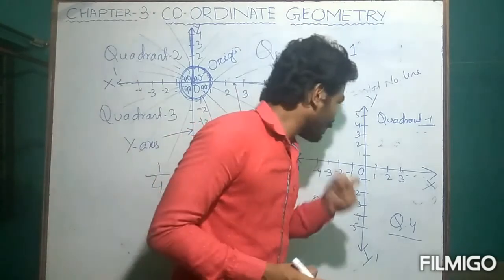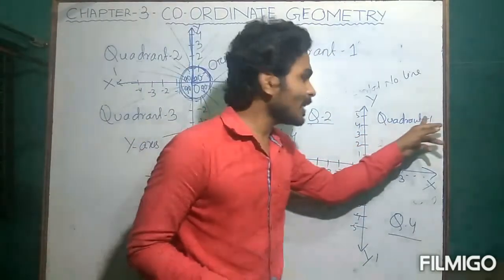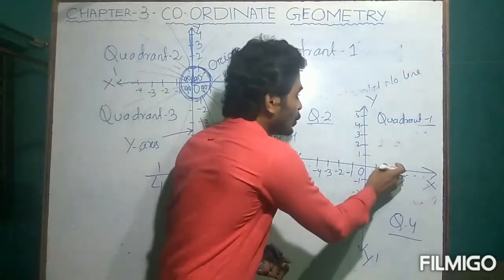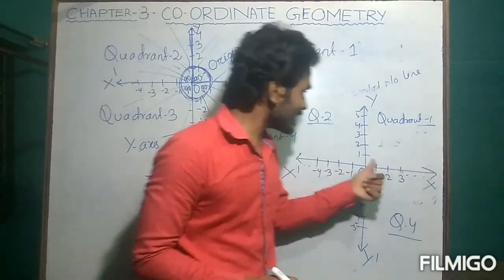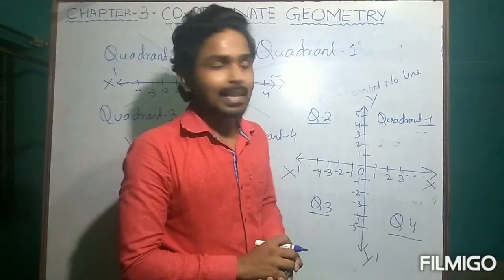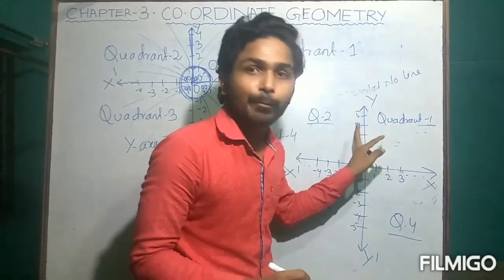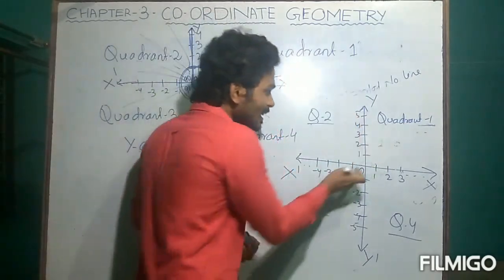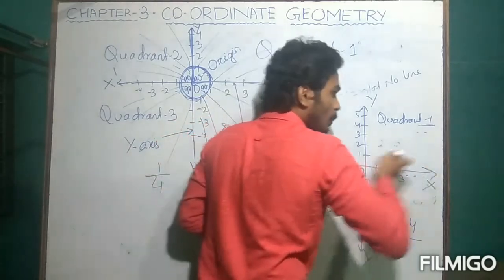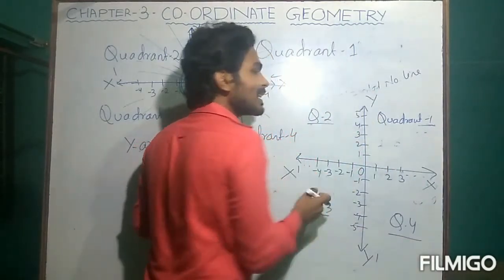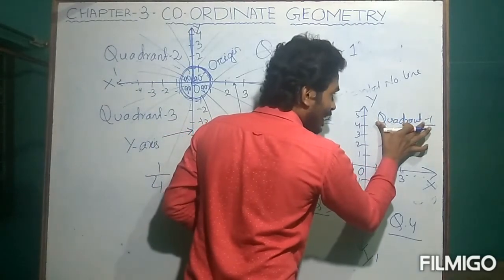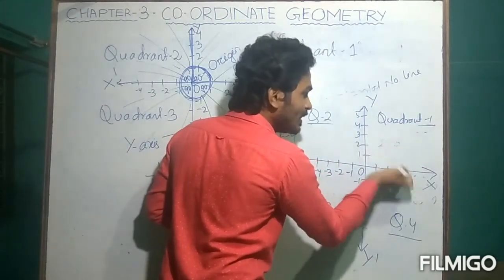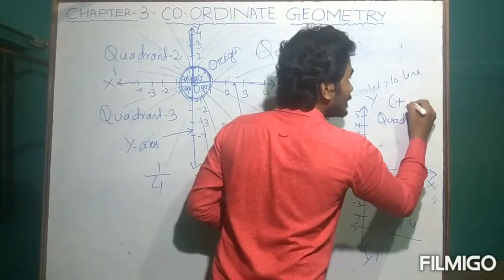Clear? Now you can see in quadrant 1 you have 2 axes, one is the x-axis and one is the y-axis, and both axes have positive values. This axis has 1, 2, 3 for positive values, and the y-axis also has positive values. That means in quadrant 1 both values are positive.